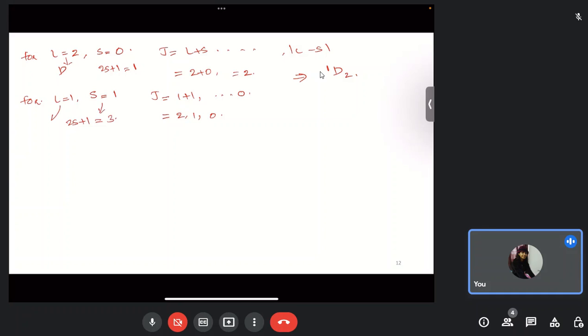So L is equal to 1 corresponds to P term. So the different term symbols that it can have are 3P2, 3P1, 3P0.